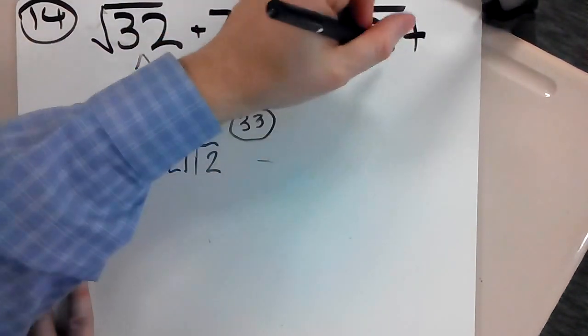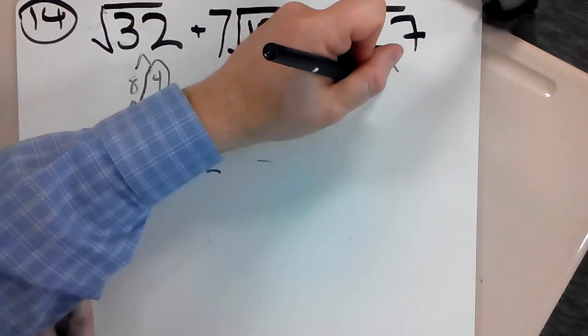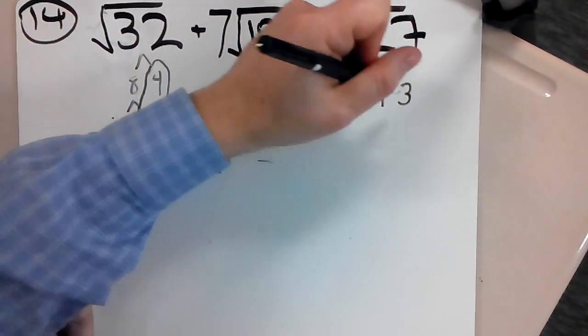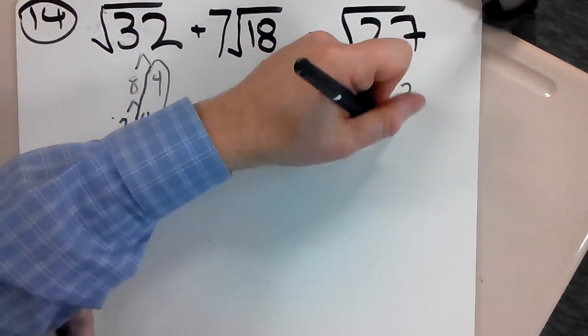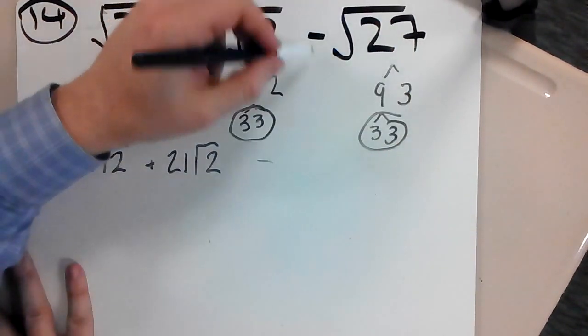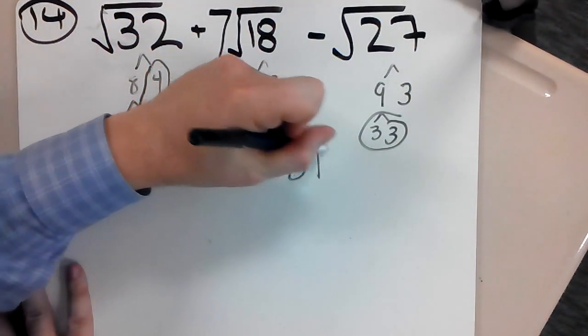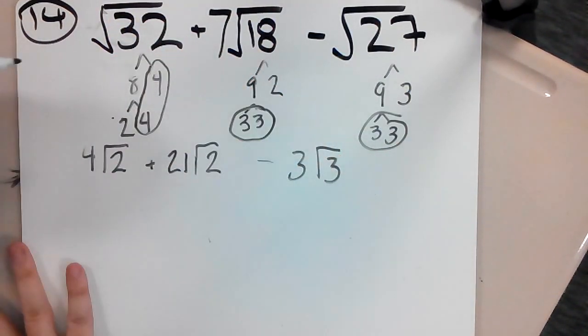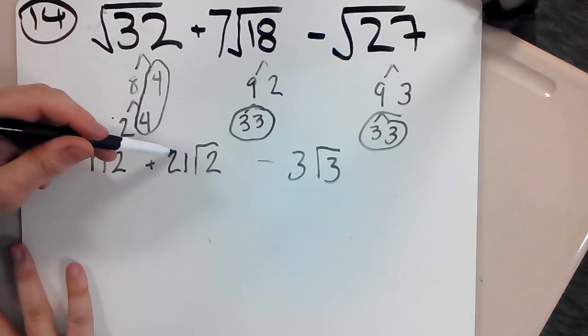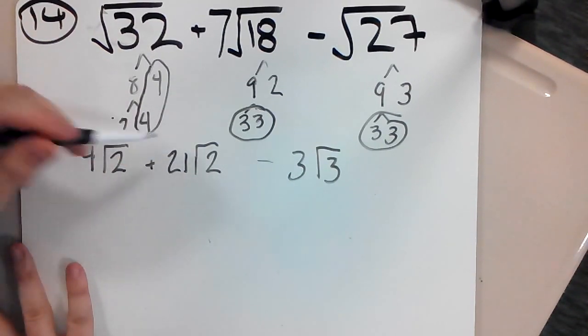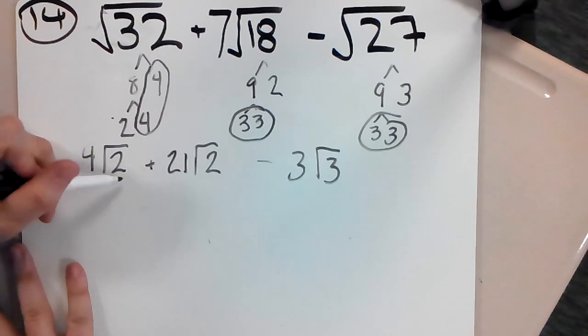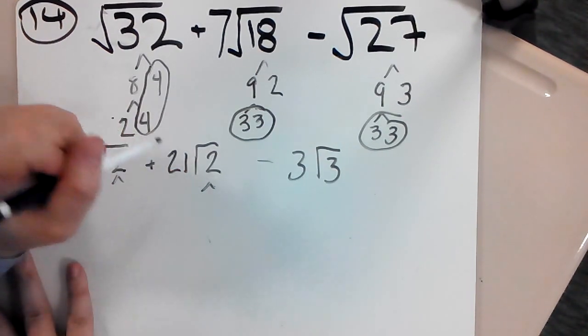Then there's this one, 27. 9 and 3, 3 and 3. This is the pair that gets out. So 3 square root 3. 4 plus 21 can go together. The reason being is because both of these have the square root of 2.